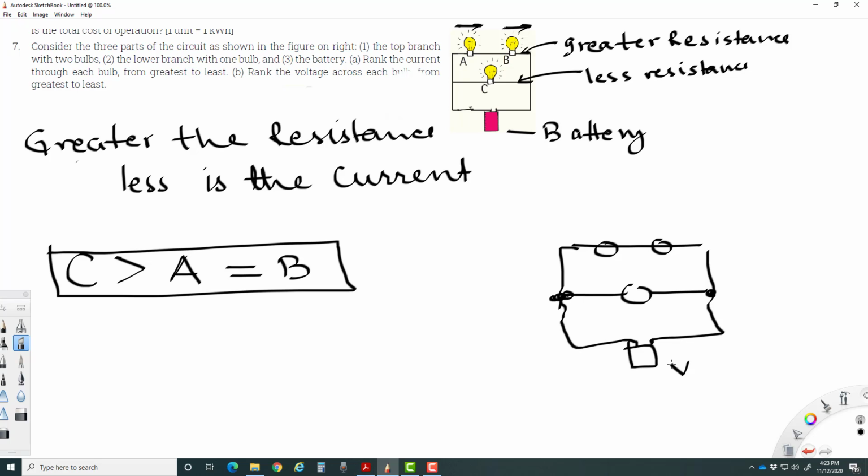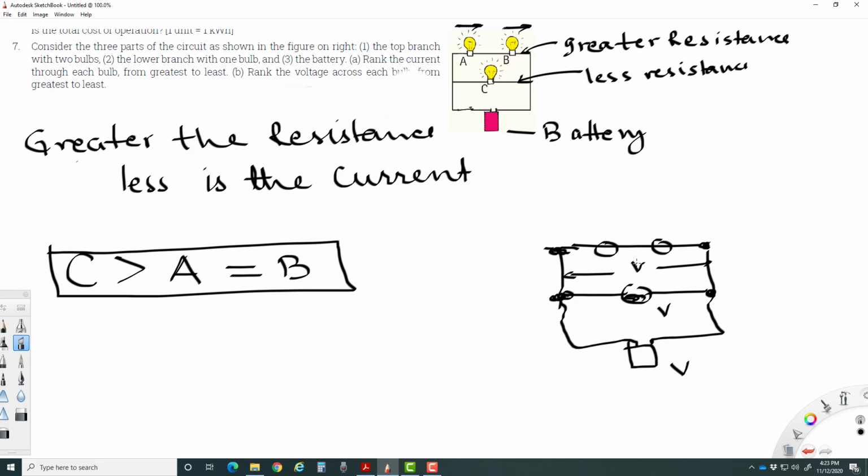So if it's the V here, this one will have V across it, and this branch will also have the same voltage. But in this bulb, all this voltage is dropped across the bulb, so it doesn't have to share with any other bulbs, so everything would appear across that bulb.